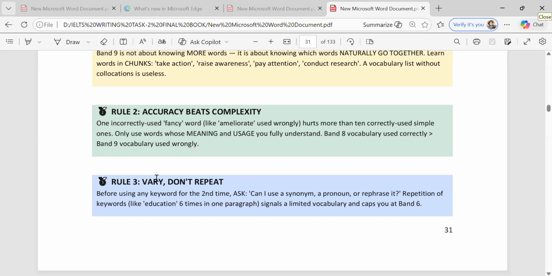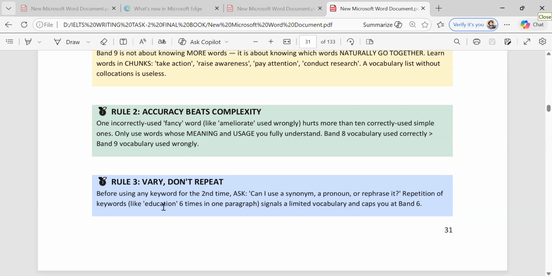And then accuracy beats complexity. One incorrectly used fancy word hurts more than 10 correct simple ones. So only use words whose meaning and usage you fully understand. Band 8 vocabulary used correctly beats Band 9 vocabulary used wrongly.